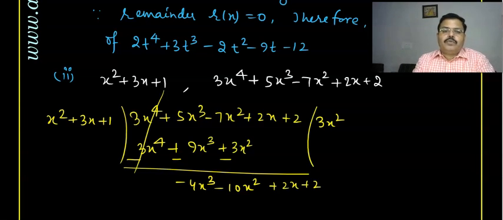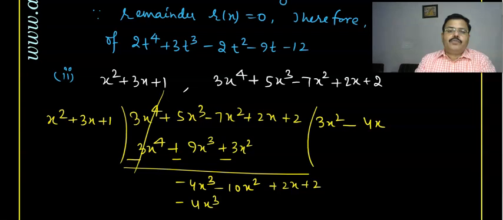Okay, so I need to multiply by minus 4x, so that minus 4x cube, minus 4x multiplied by plus 3x is minus 12x square, and minus 4x multiplied by plus 1 is minus 4x.